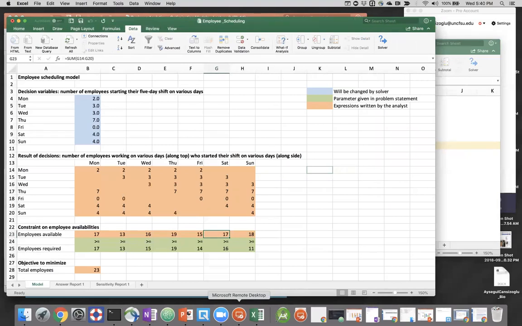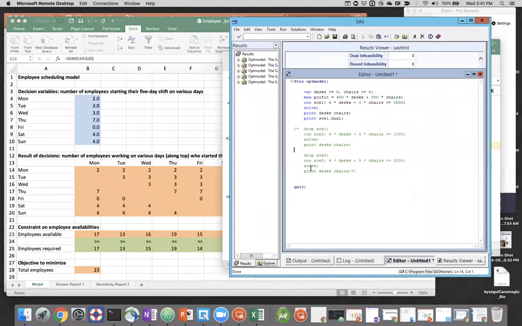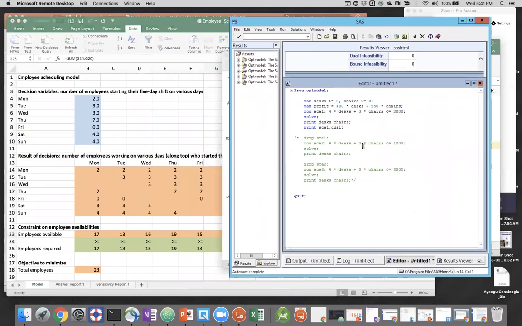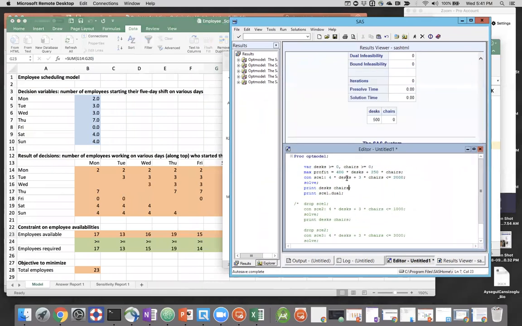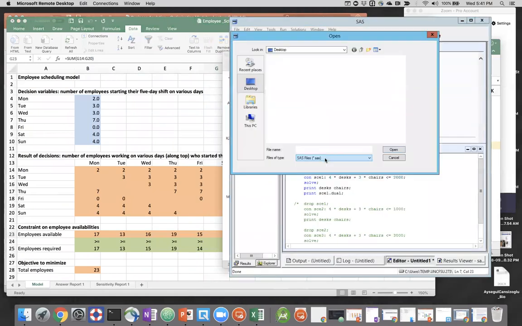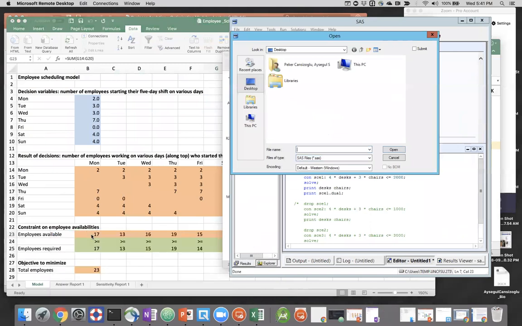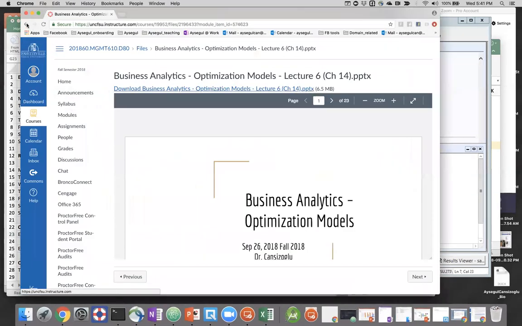Okay, so I'm going to jump to SAS. All of these files are uploaded under module 2. So if you want to run them later and try yourselves, you can find them. They're under module 2, and there are the lecture notes. Let me show you.